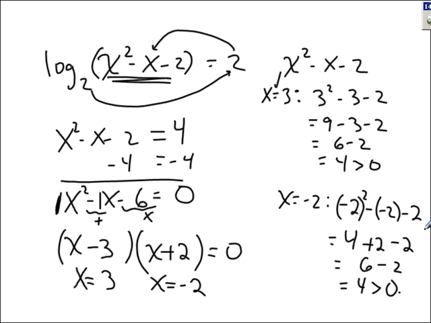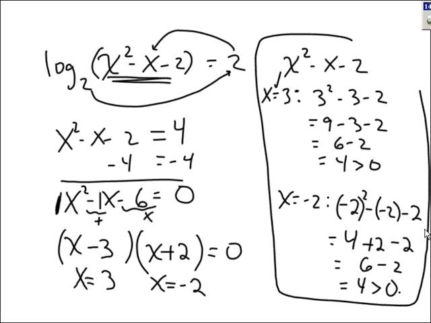Okay. Now, we didn't make a mistake here, but then again, there was no need to do a check in this problem, because what we solved already said that it's greater than 0. I mean, it equals 4.